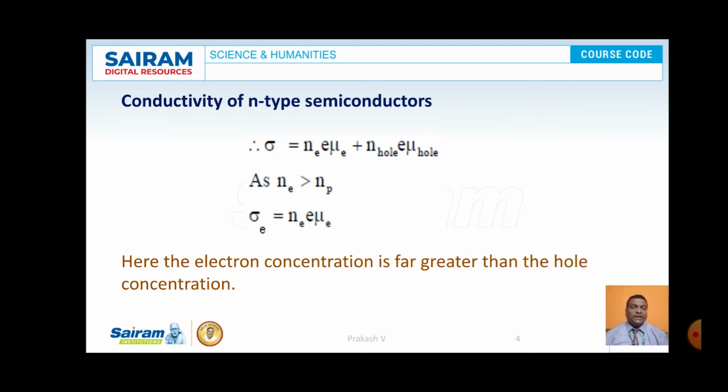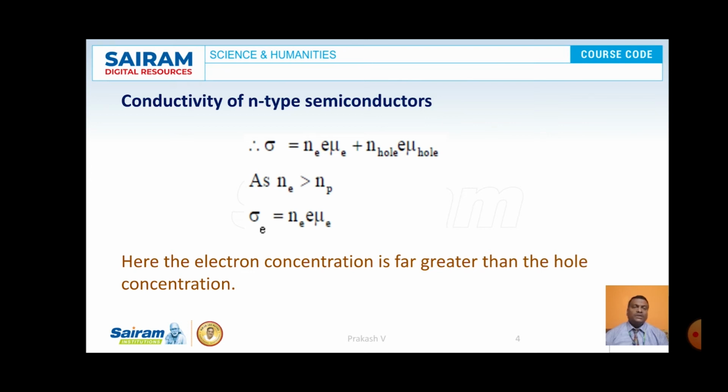Similarly, conductivity due to holes is given by Nh into e into mu h. So the total conductivity of n-type semiconductor is given by Ne e mu e plus Nh e mu h.